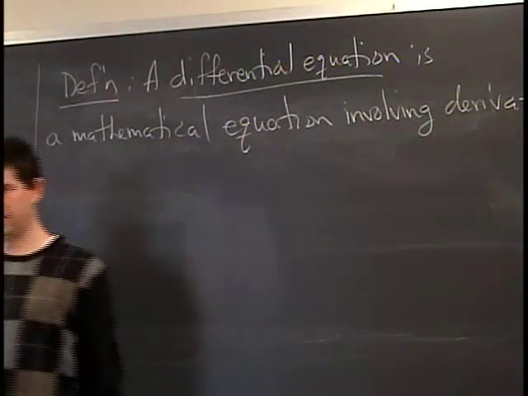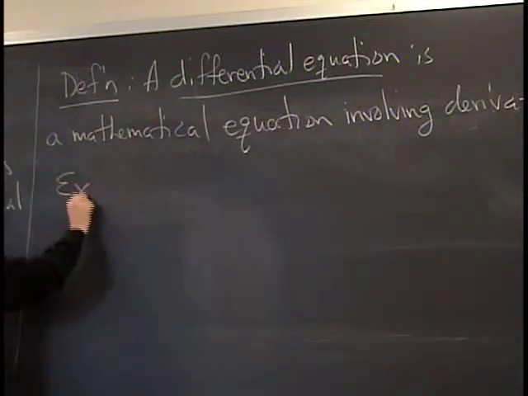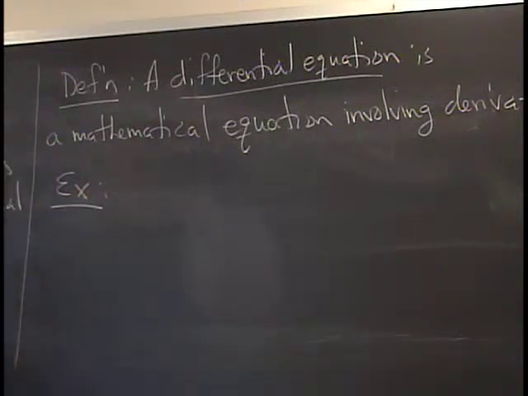That's all it is. It's just some equation you write down that has derivatives. I'll give you the first example that always comes to my mind when I think of derivatives.